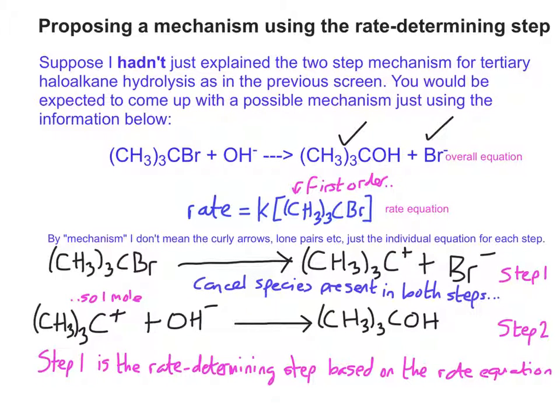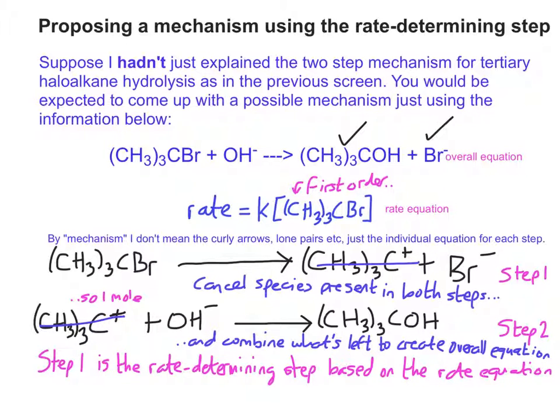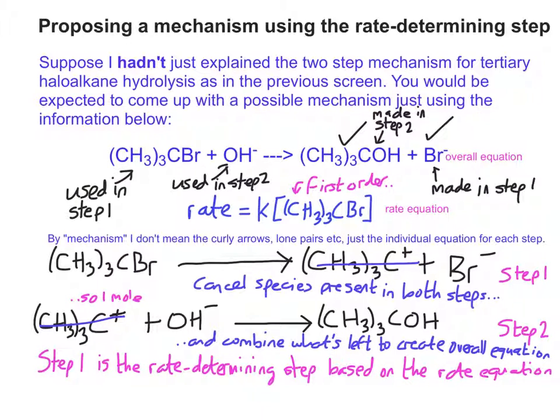So if you now cancel any species that are present in both steps, you can then combine what's left to create the overall equation, as you can see at the top of the page. So I've now annotated what's been used and what's been made in each step in the main equation, so you can relate that to the two steps further down the screen.